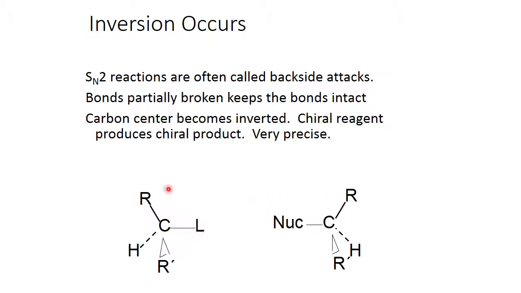Notice the leaving group is on this side with all these groups. As the leaving group leaves, these flip over to this side like this, and the nucleophile is attached.